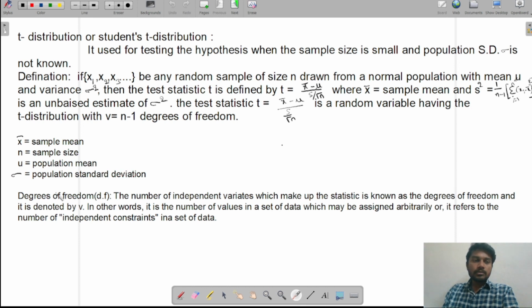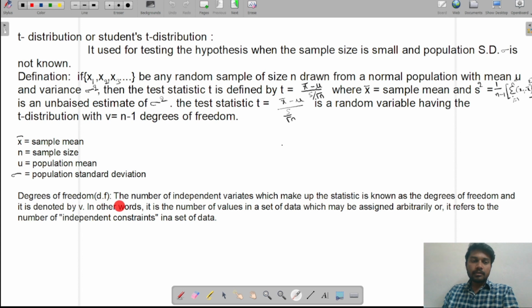Now coming to the definition, the meaning of nu as degrees of freedom: the number of independent variates which make up the statistic is known as the degrees of freedom, denoted by small v, but we'll call it nu.